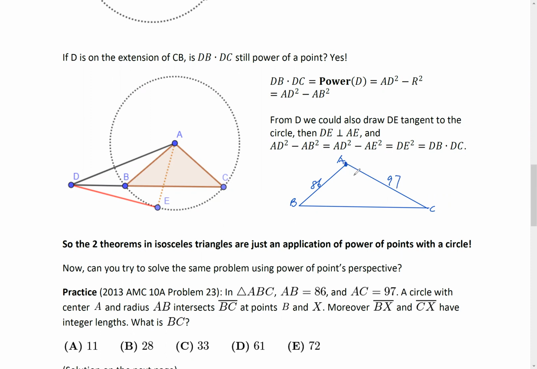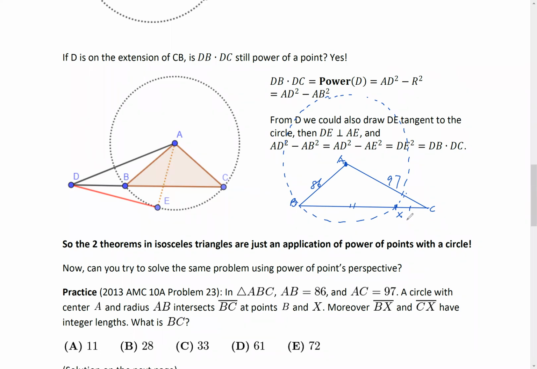So a circle with center A, with AB as radius. So there's a circle like this, cutting BC at point X and keeps going. If BC is an integer, what's the length of BC, right?